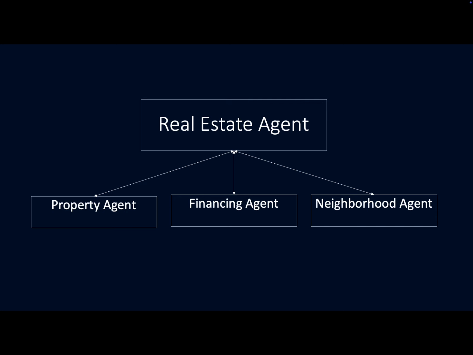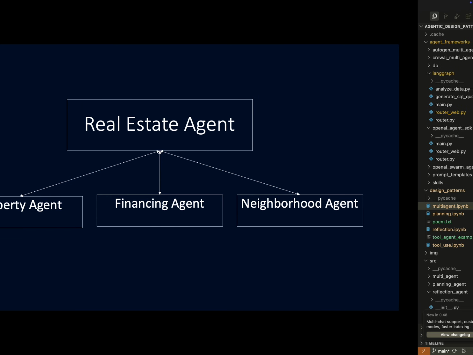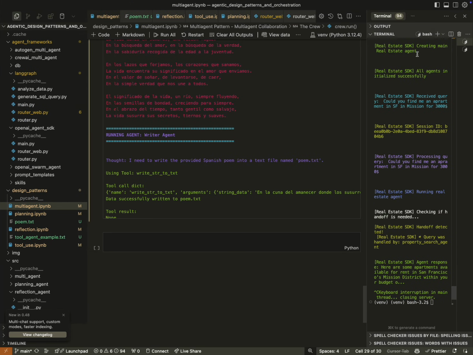This real estate agent then has different expert agents that it can call: the property agent, the financing agent, and the neighborhood agent. We're going to look at an example where this use case is implemented in the Agent SDK and in LangGraph, and we're going to compare how the implementations differ. So let me pull it up.